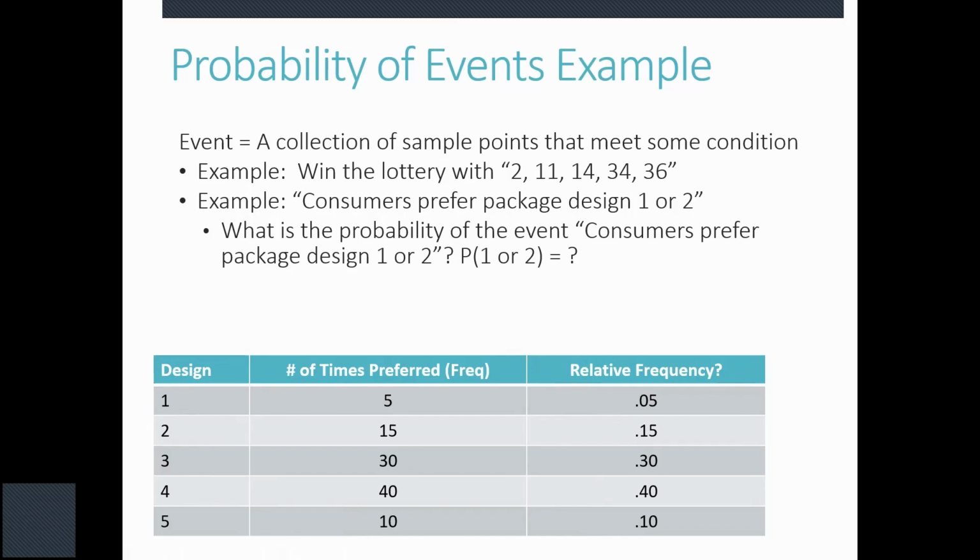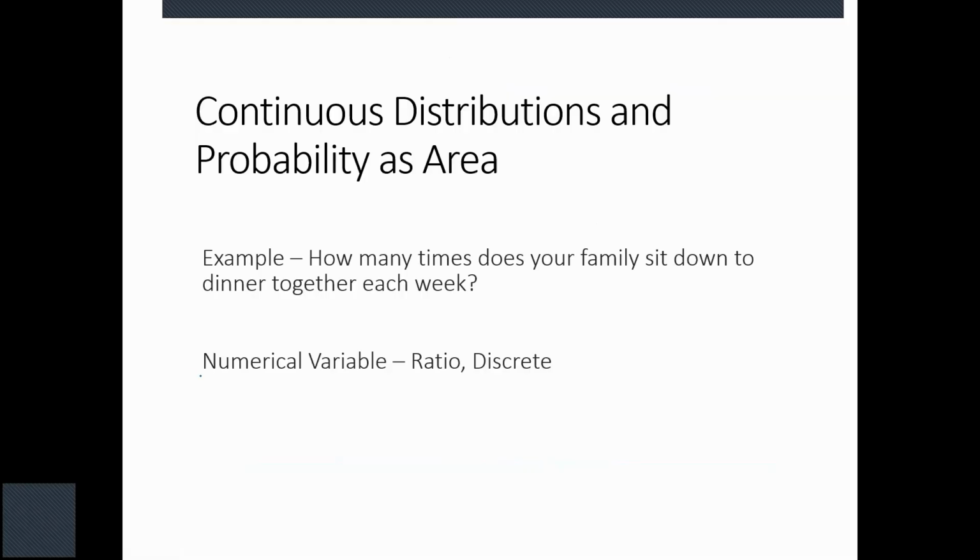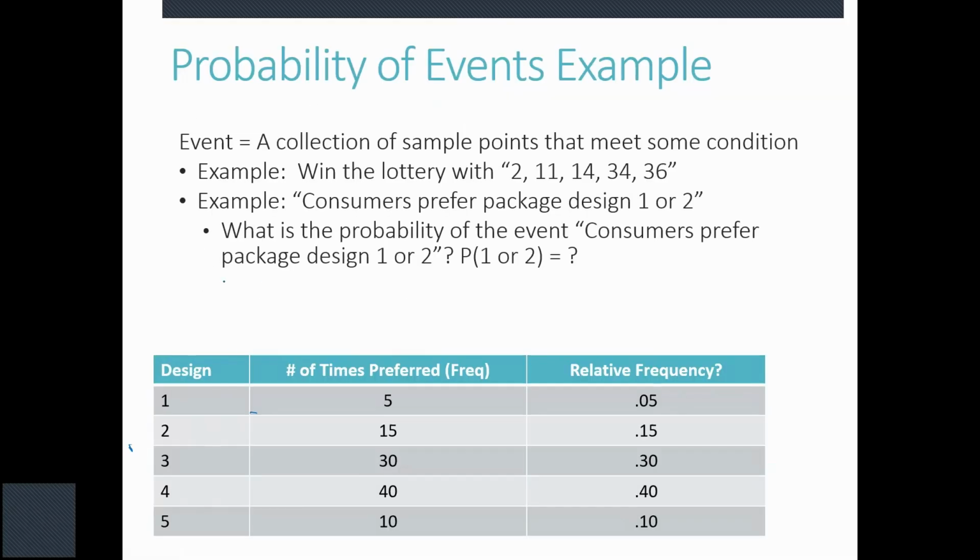But we could say, for example, what is the probability that consumers prefer package 1 or 2? The event, let's call that event A, is that they prefer package 1 or 2.